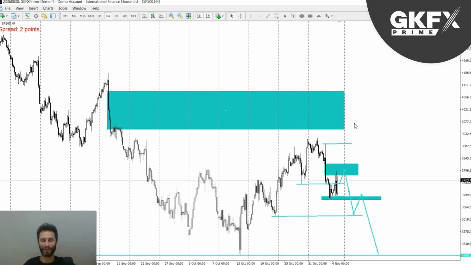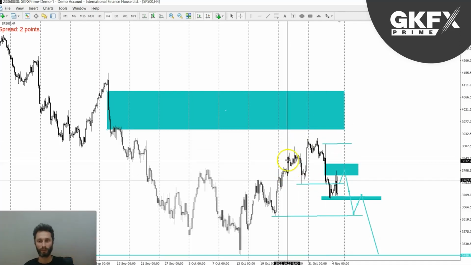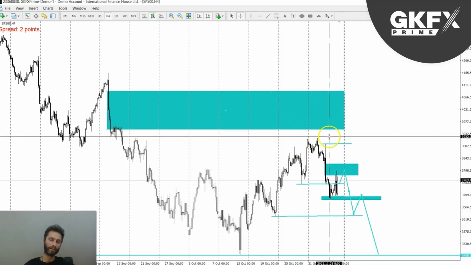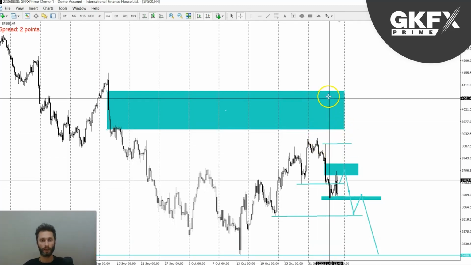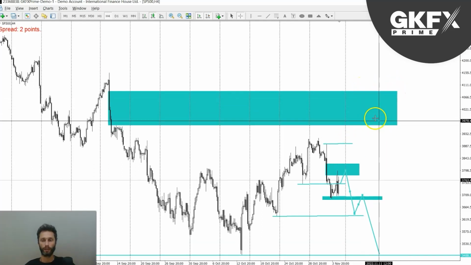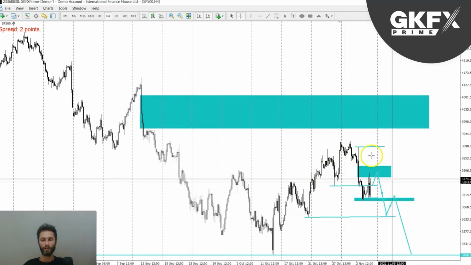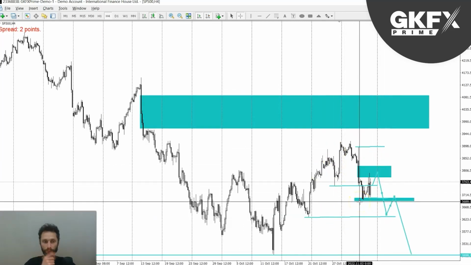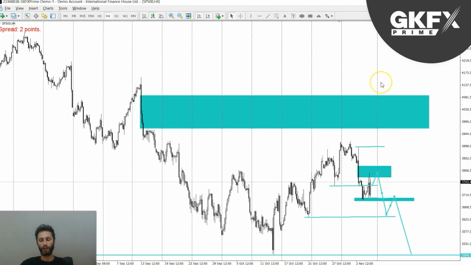And again, if the market creates some more volatility or a big range, we could be forming a range right about here. And if that's the case, then we'll just have to wait and see what happens, and possibly still look to this area right here for a reversal to the downside if the scenario that I've got in mind here doesn't play out.